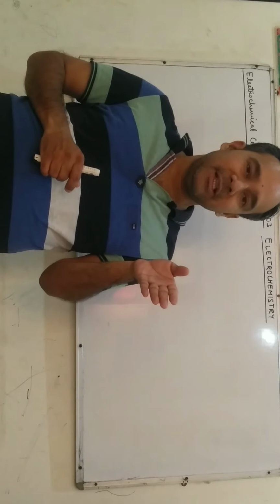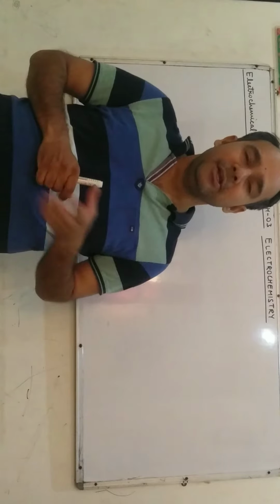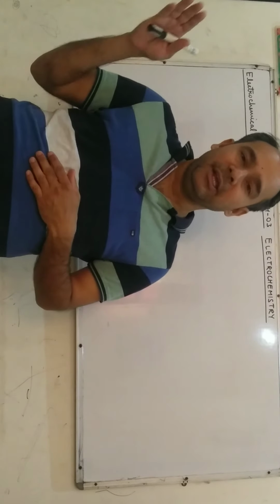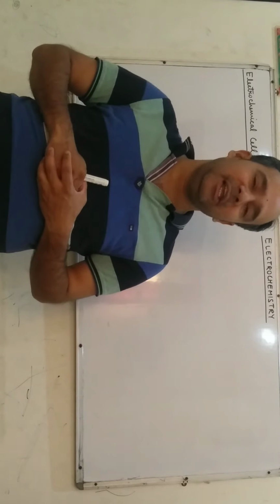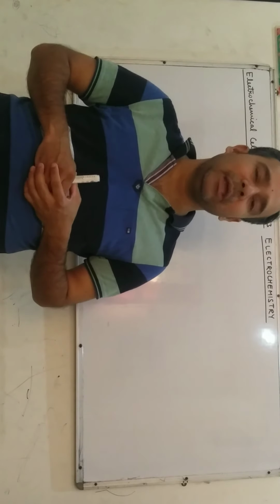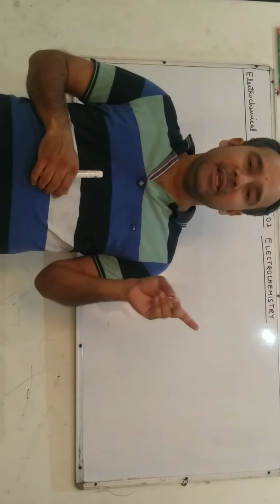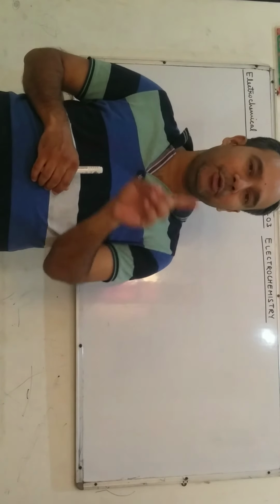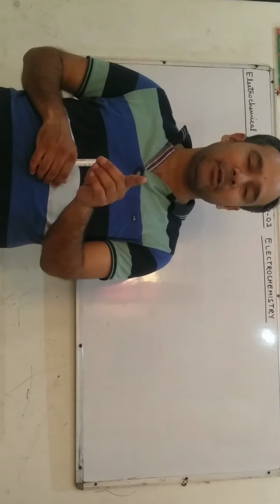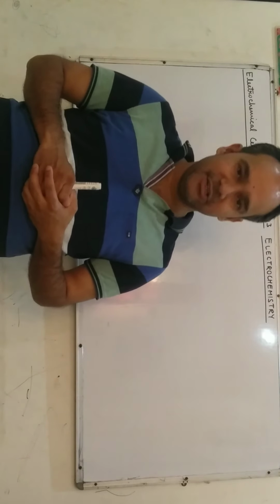In electrochemical cell, two different electrolytes are taken in different chambers, but in electrolytic cell only one electrolyte is required. So the main difference between the electrochemical and electrolytic cell is that in electrochemical cell chemical energy is converted into electrical energy, but in electrolytic cell electric energy is converted into chemical energy.